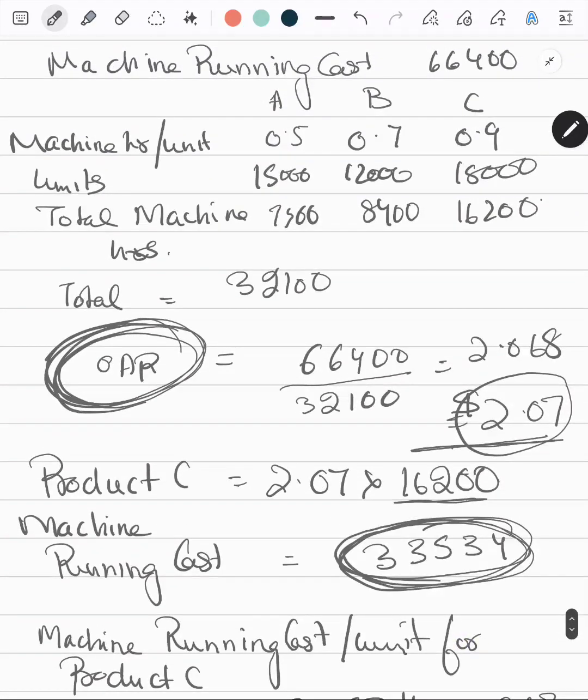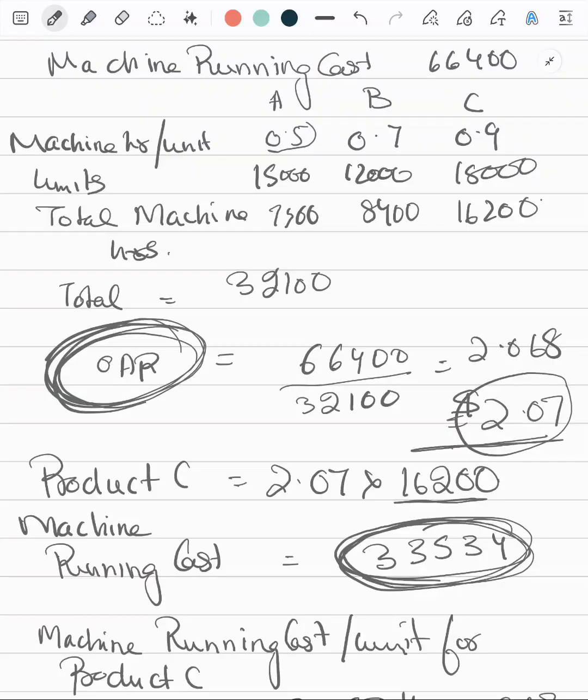So how many hours does product A require? It's 0.5 per unit. Okay, if one unit takes 0.5 hour, then... sorry, it's not 0.5, it's 0.1.